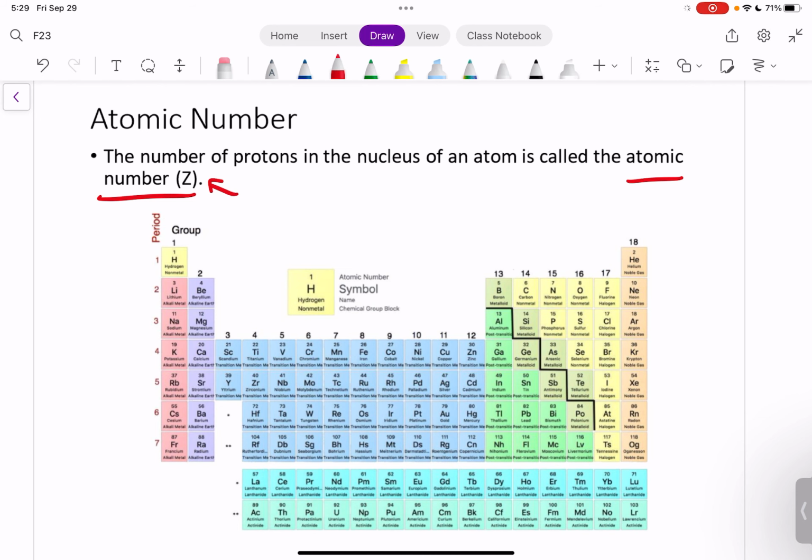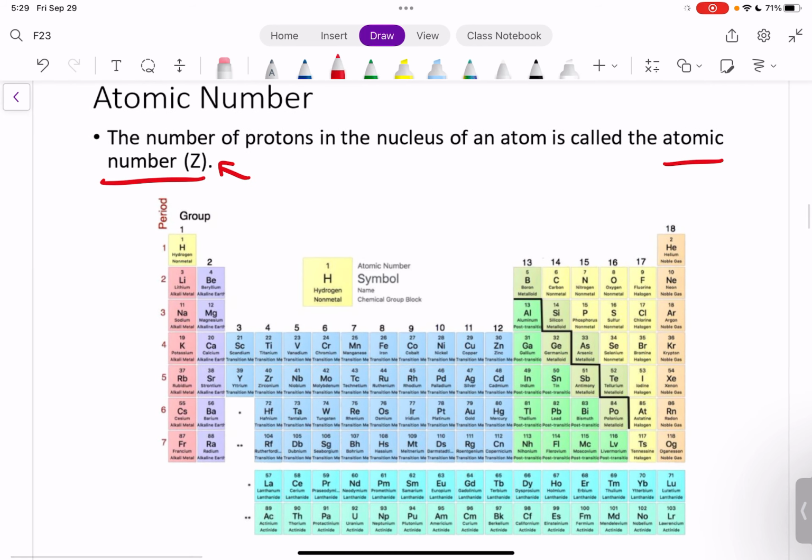So when we look at this periodic table here, looking at hydrogen over here, hydrogen has this little 1 right here above the H. So I've noted that in blue. So that is the atomic number for hydrogen. Looking over here at helium, we've got an atomic number 2.